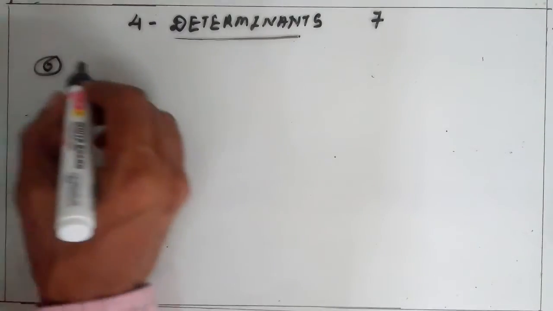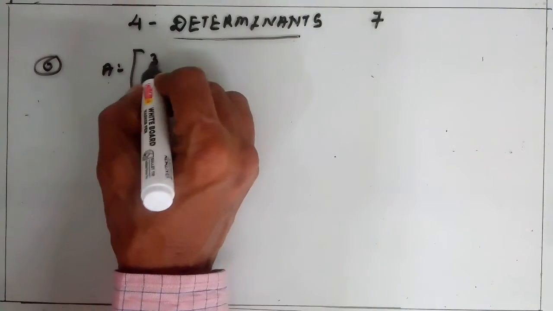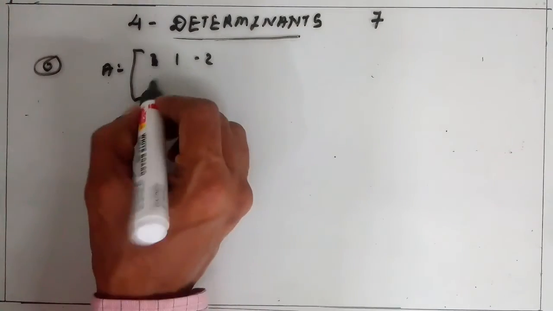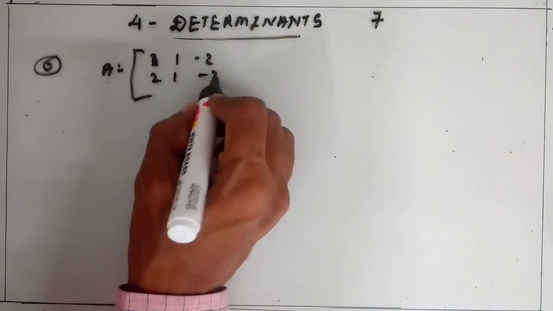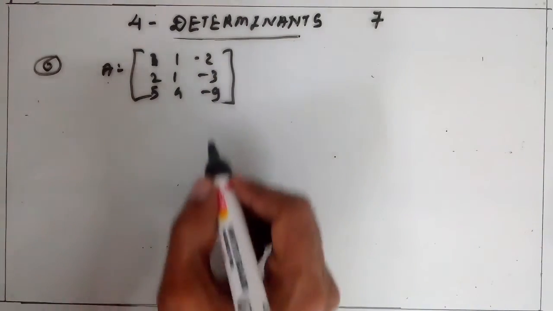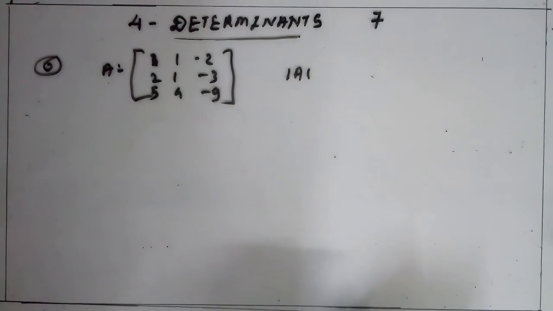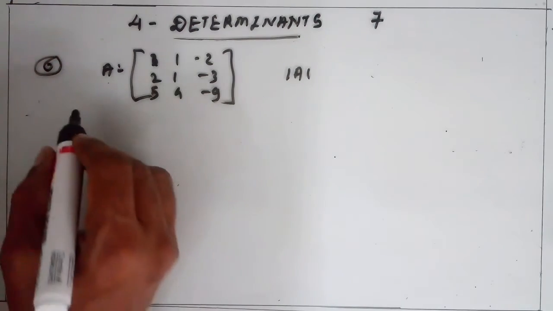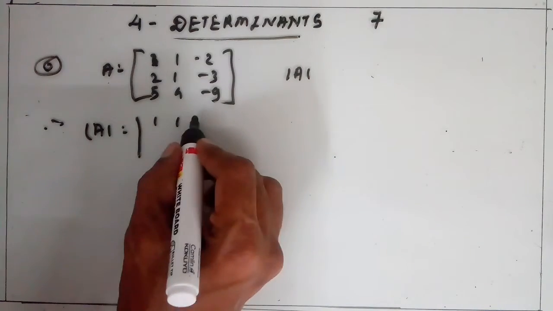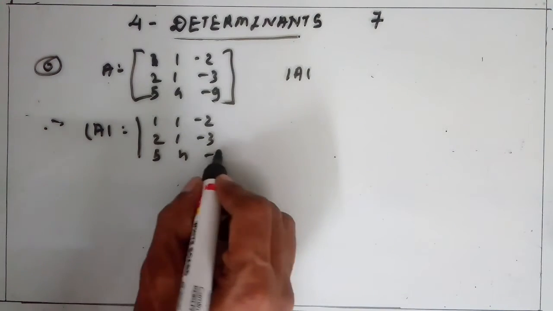Now question number 6. If A is equal to the 3 cross 3 matrix, 1, 1, minus 2, 2, 1, minus 3, and 5, 4, minus 9, find the determinant of A. You know how to find the determinant of A. So the determinant of A is equal to 1, 1, minus 2, 2, 1, minus 3, 5, 4, minus 9.